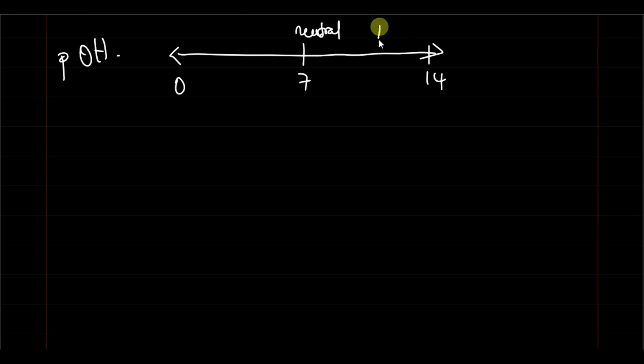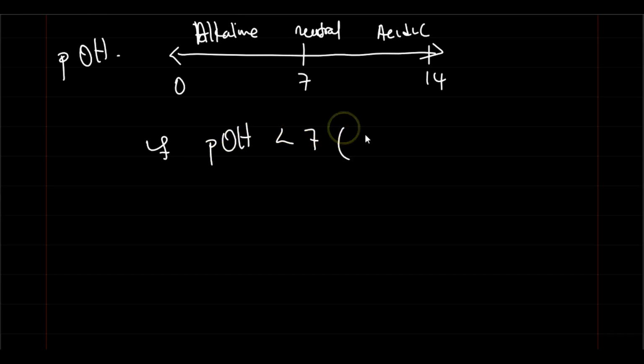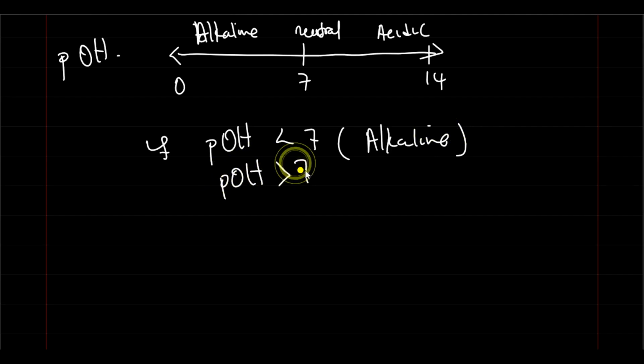So in here is acidic, then here is alkaline. If pOH is less than 7, it means alkaline, right? And if pOH is greater than 7, it means acidic.